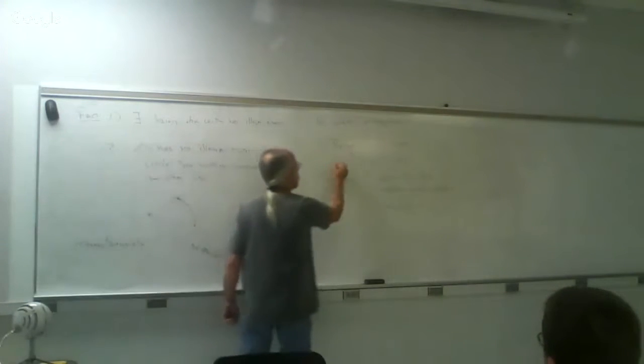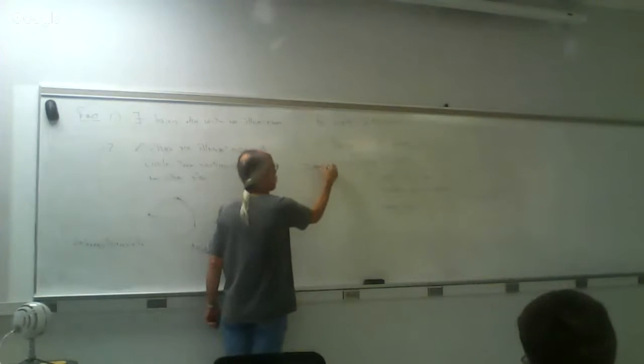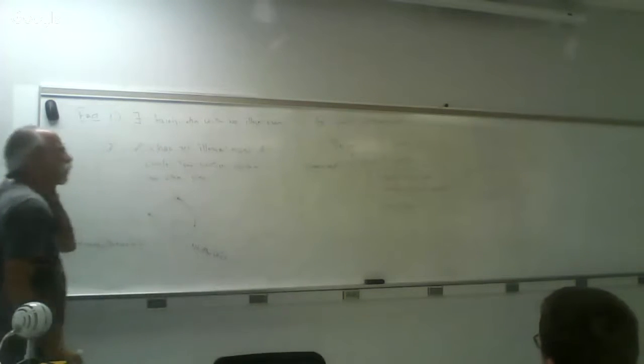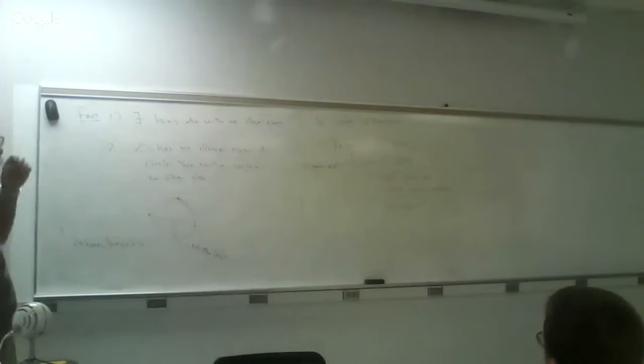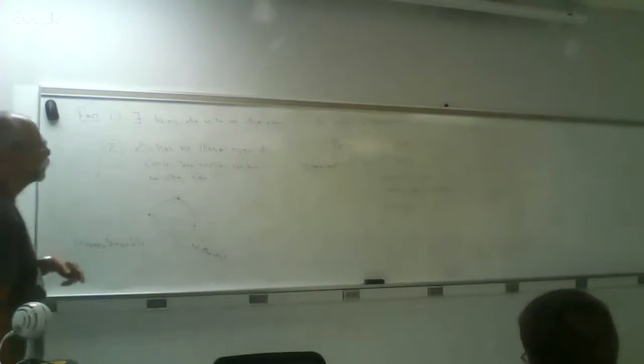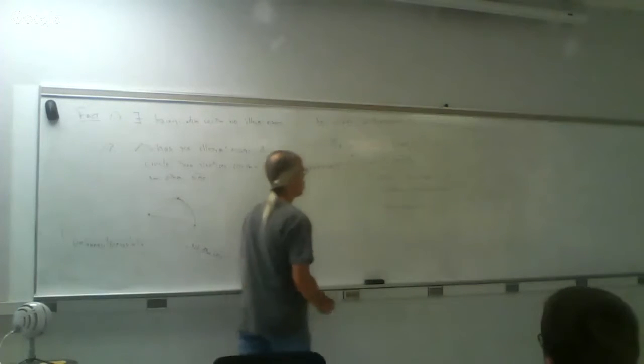The only thing that's missing is that picking 3 points is 3 nested loops. So 3 for loops: for i equals 0 to n, for j equals 0 to n not equal to i, and for k equals 0 to n not equal to i or j. There's our 3 points. Then we've got to run through and check all of the other points to see if they lie inside the circle.